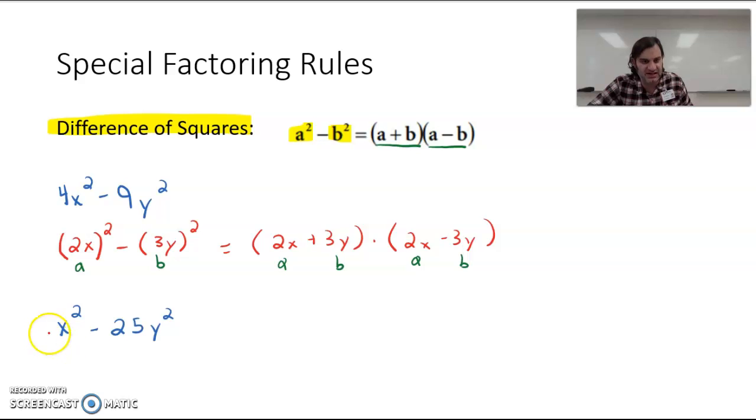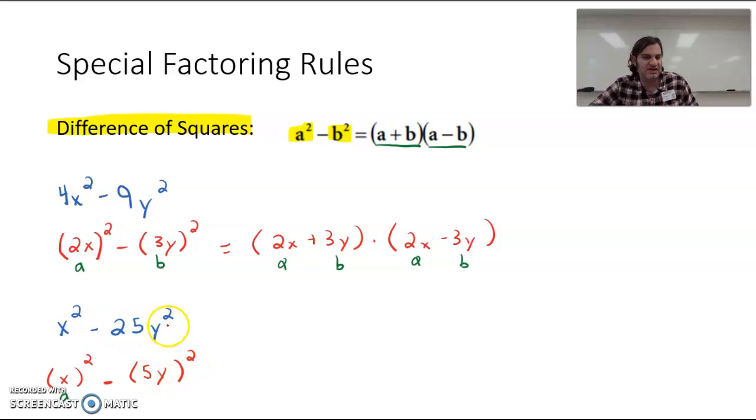The first part is x squared. So that could be x times x. So we'll just say that's x quantity squared, and that x inside there will be the a. And then it's minus 25y squared, but we know that we can write 25 as 5 squared and y squared as y to the second power.